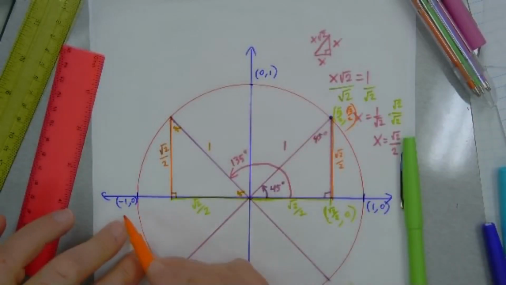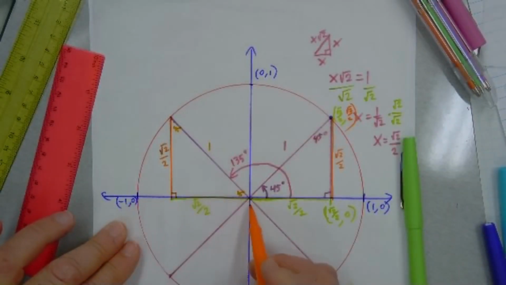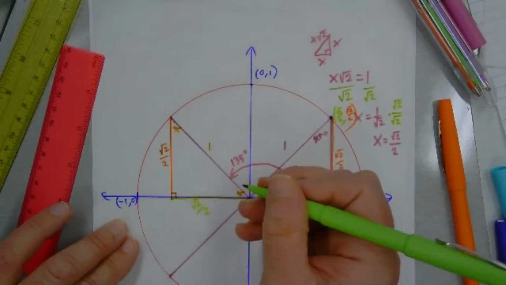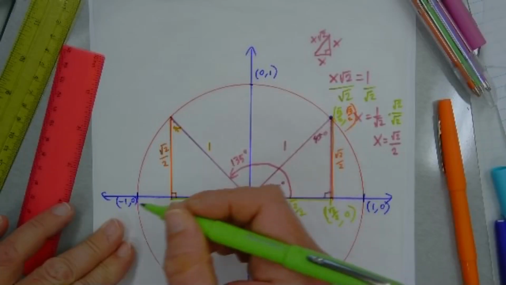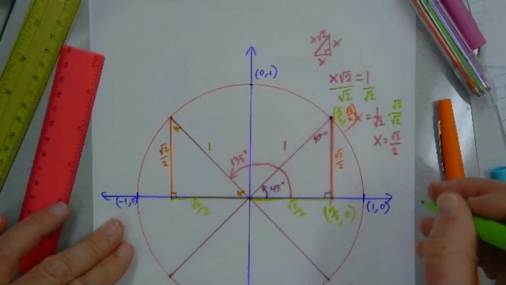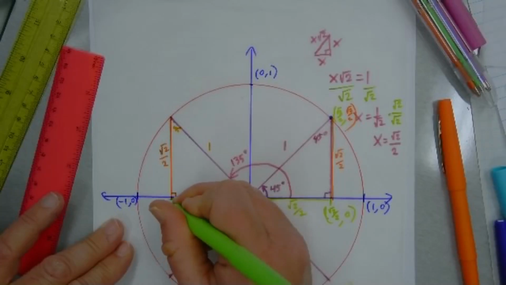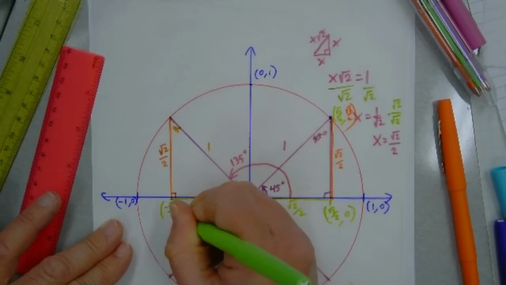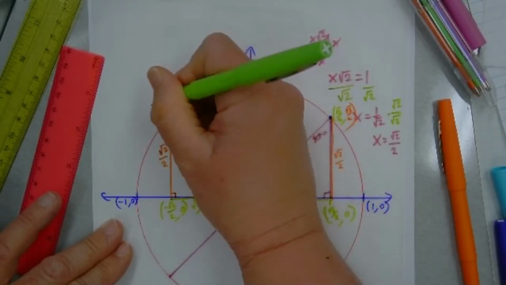But just like this coordinate was -1, even though this is 1 unit this way, all distances are still positive. But the coordinate, because it went root 2 over 2 units to the left instead of to the right, just like this was a -1, this would be a negative root 2 over 2 comma 0 for this point.